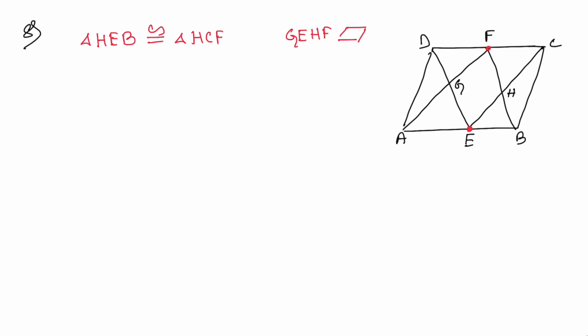So here the first one. As ABCD is a parallelogram, then definitely FC is parallel with BE. Okay, FC parallel with BE. I hope it's clear. So that means you can write down angle CEB is equal to angle FCE.